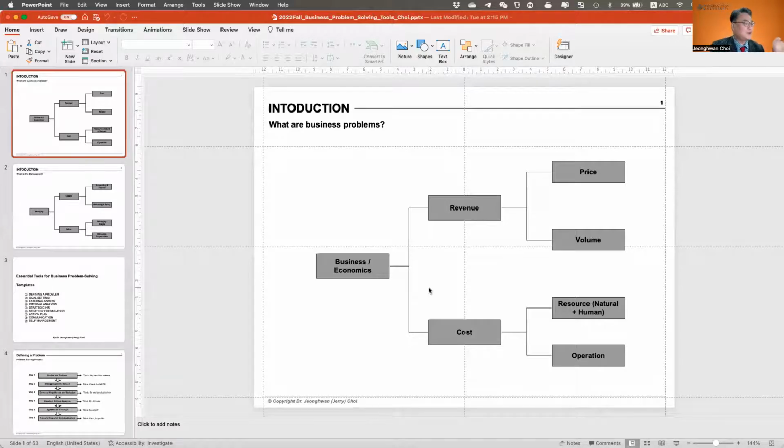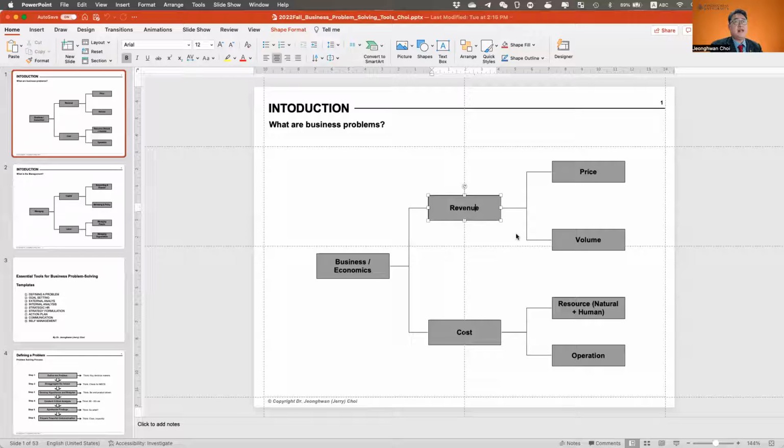However, when we talk about public business or social enterprise, instead of increasing revenue we may think of value.